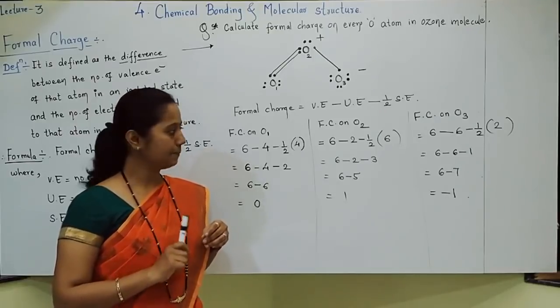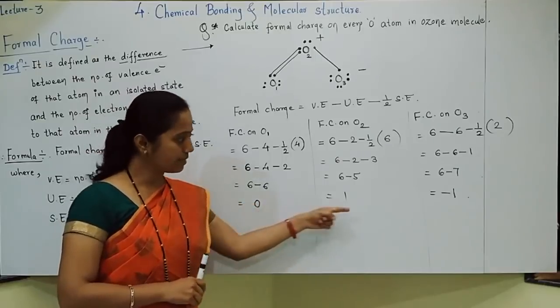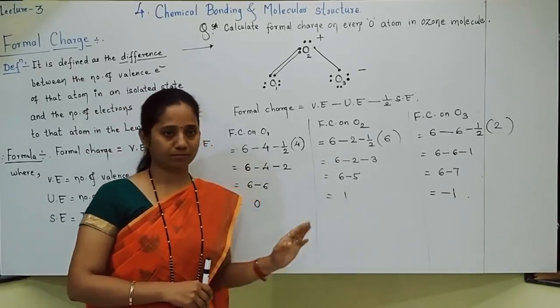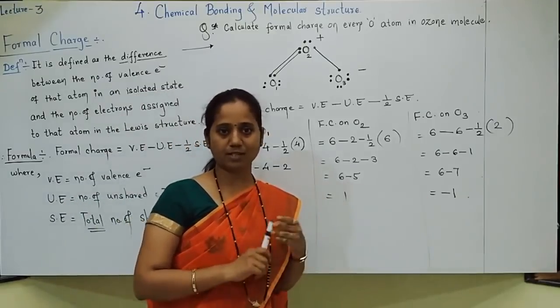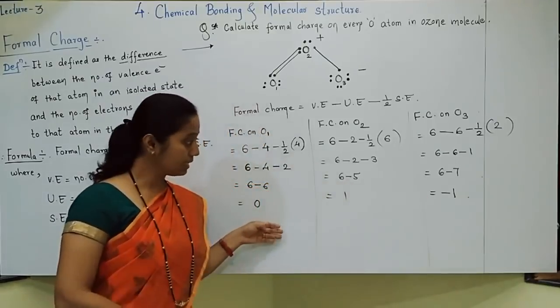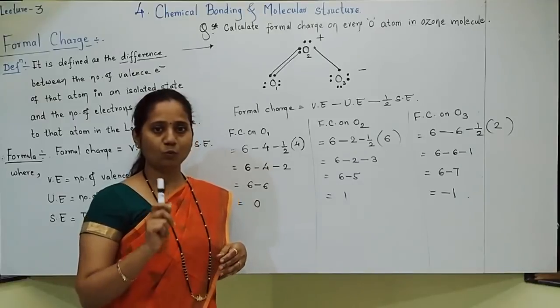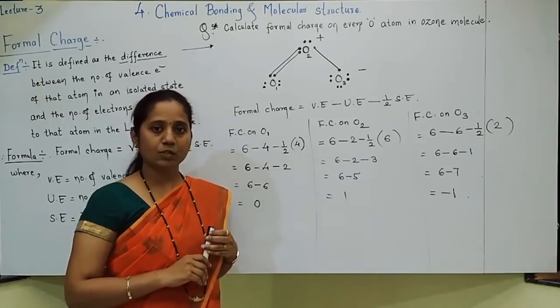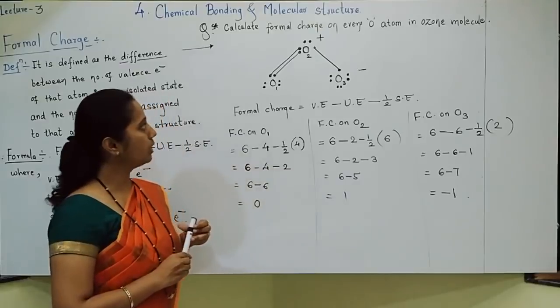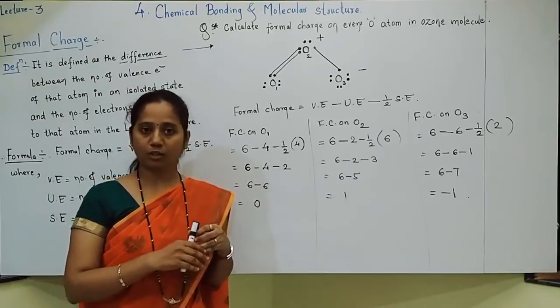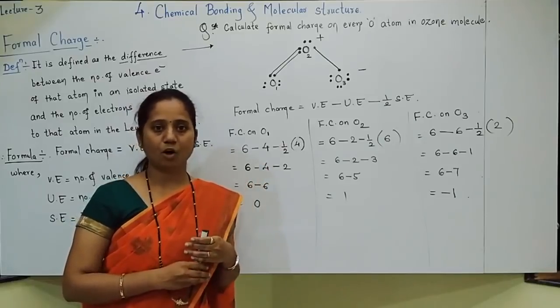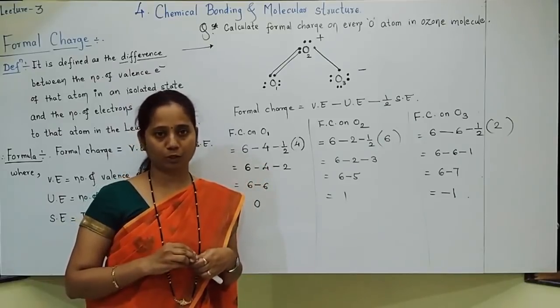You should already know these answers: 0, 1, -1. The answers are also very easy to remember: 0, 1 and -1. Students, I hope you understood how to calculate formal charge on every atom of the ozone molecule.